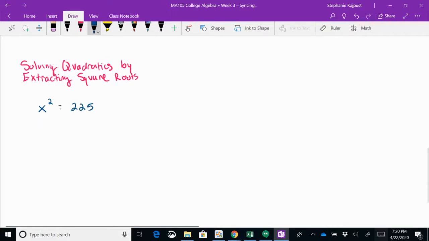Let's start with, I'll put 3 here. And then we'll just do that. Okay. So we've got 3 different types of problems when you're solving the quadratic by taking a square root.